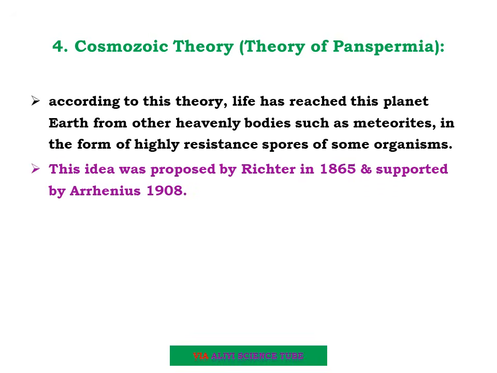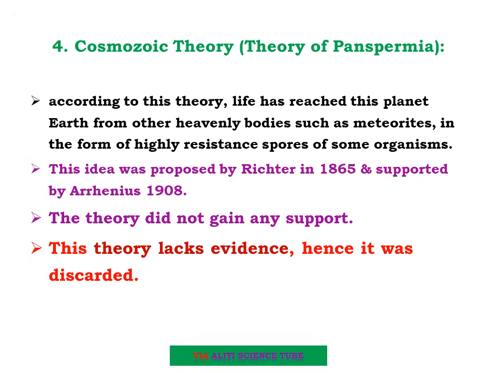This idea was proposed by Richter in 1865 and supported by Arrhenius in 1908. The theory did not gain any support. It lacks evidence, hence it was discarded because it had no defense in evidence.